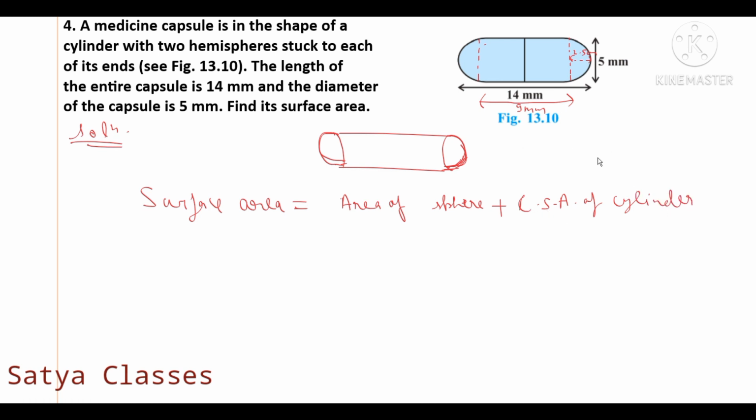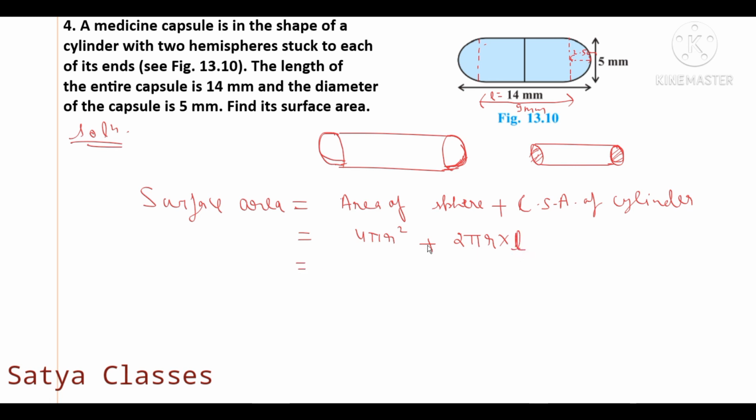Let me tell you, their ends do not occupy any circle, so we'll write CSA. Write the formula here. Area of sphere is 4 pi r square, and plus CSA of cylinder, which I have written so many times, is 2 pi r, and in the place of h we are writing L right now. Nothing to worry, because the cylinder is in a laid down position, so I will take L here.